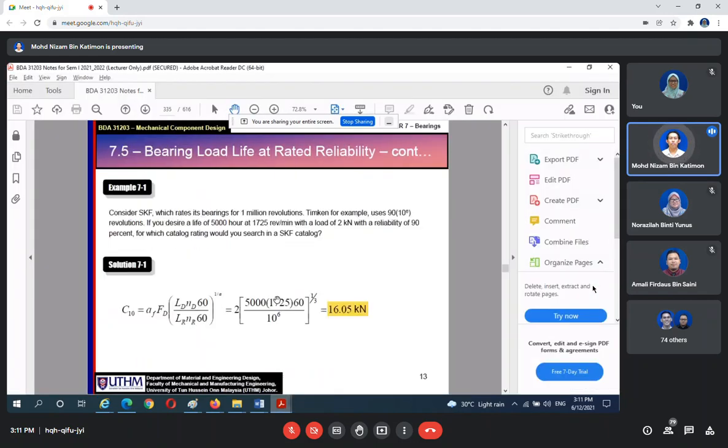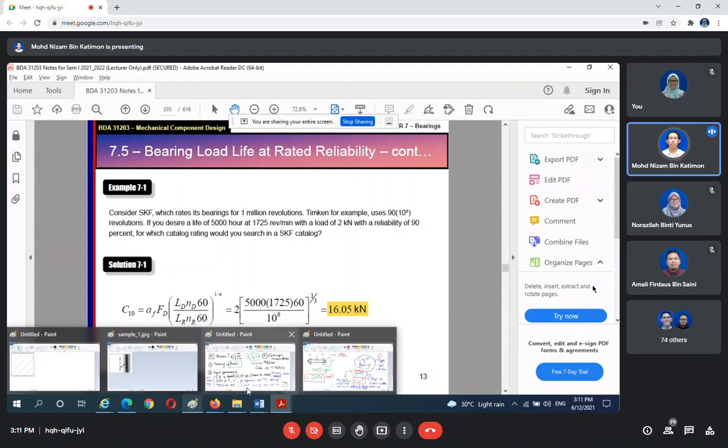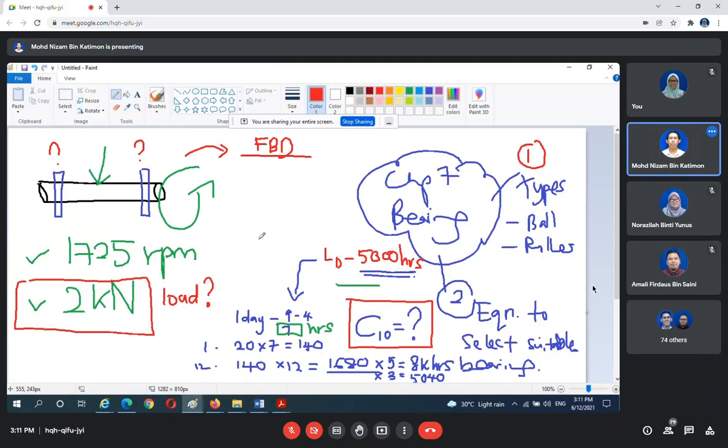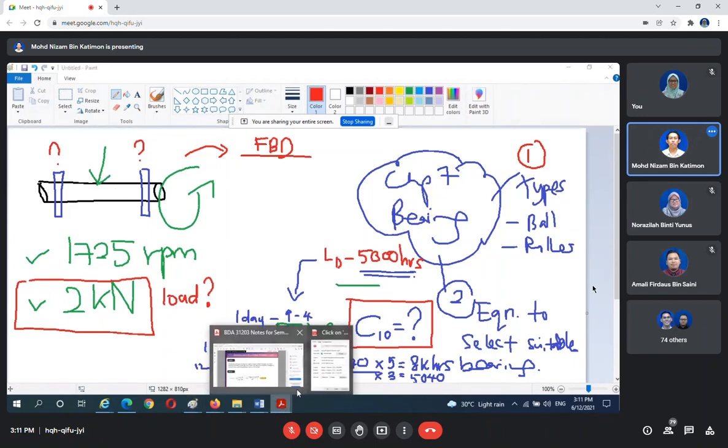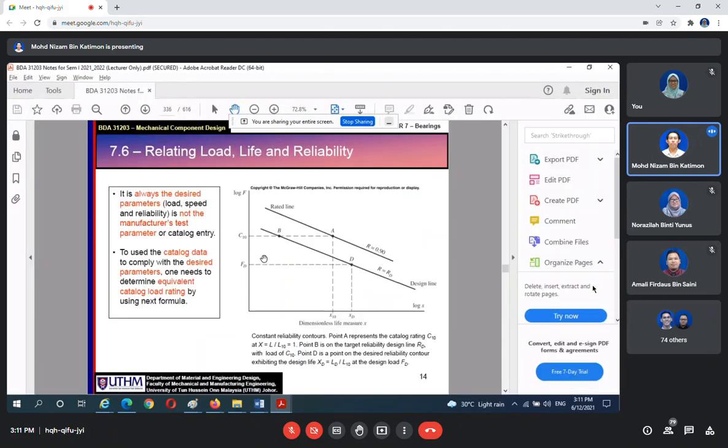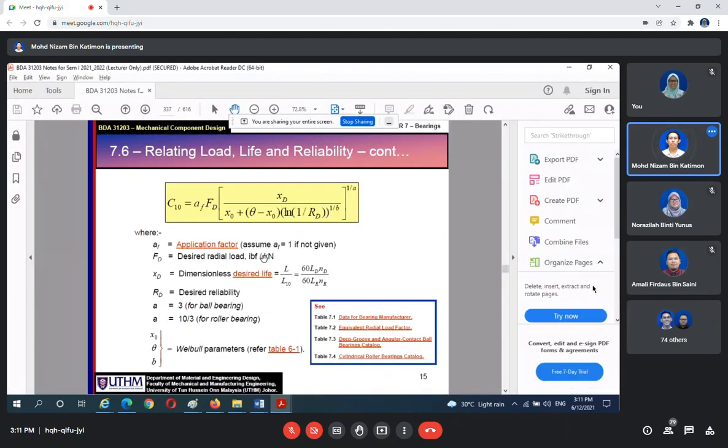In this example we already give you the load acting, 2 kilonewton, but during the test, you definitely need to find the value based on some information. Okay, next.